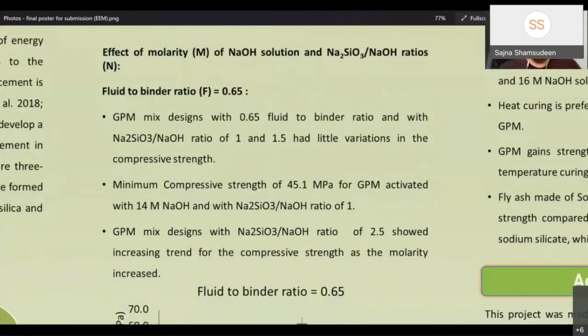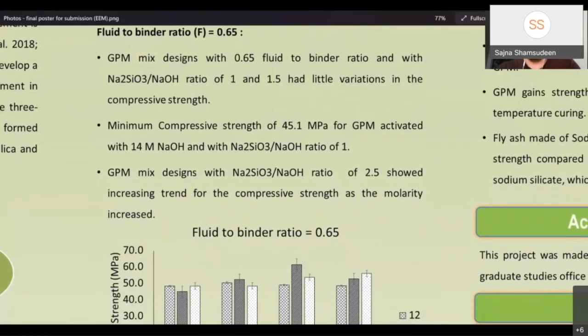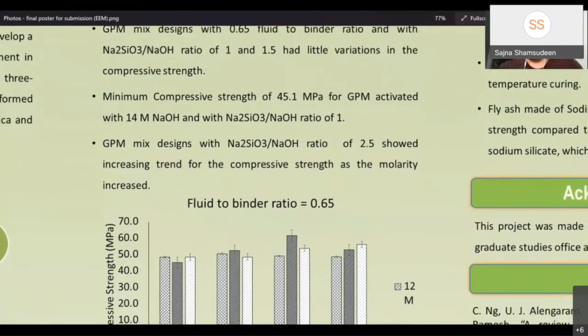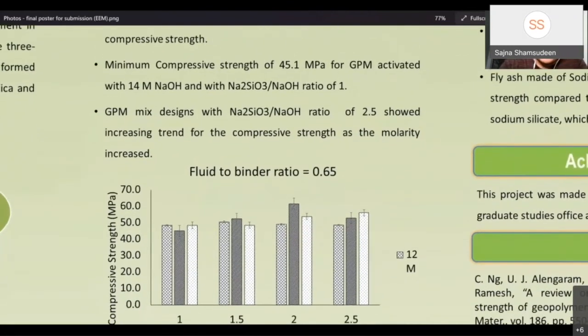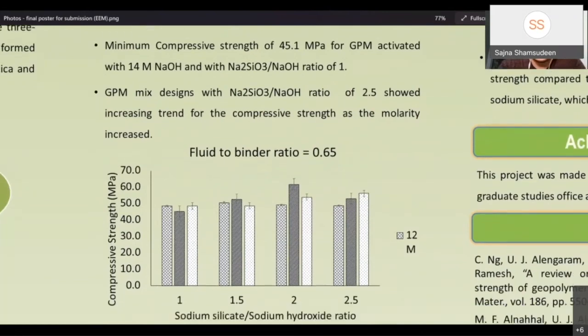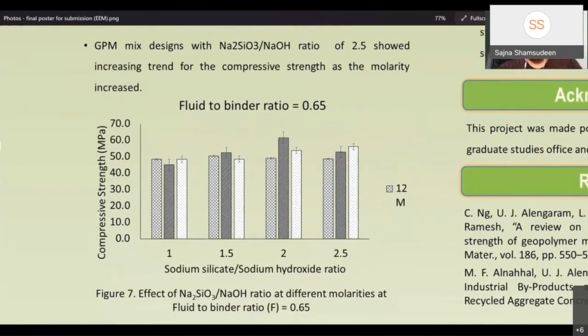Also, as we increase the fluid to binder ratio, there was some variation in the compressive strength. We reached the minimum compressive strength of 45 megapascal with 14 molar of sodium hydroxide, which can be illustrated here from the graph.